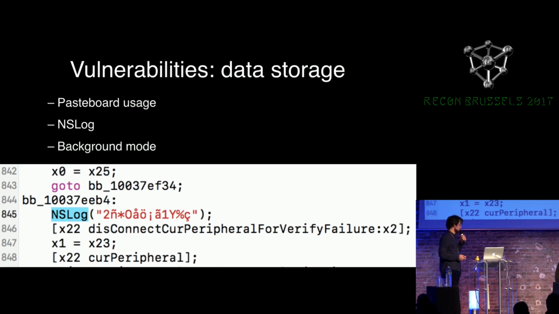Finally, an application has to implement a function which describes behavior in background mode. Otherwise, the screenshot will be saved in the application directory. This screenshot can contain some sensitive information like credit card numbers, telephone numbers, etc. And information which is stored in the application directory can be stolen.